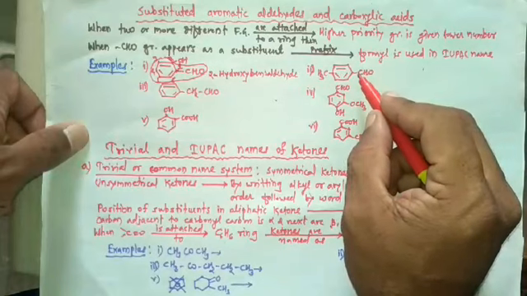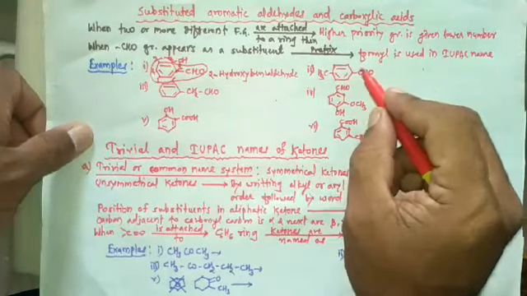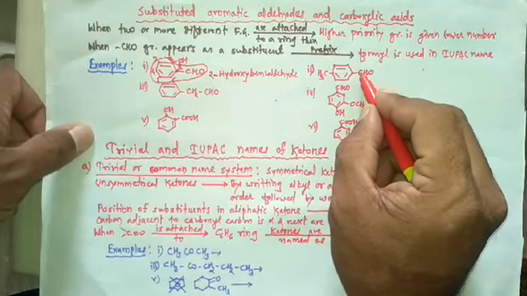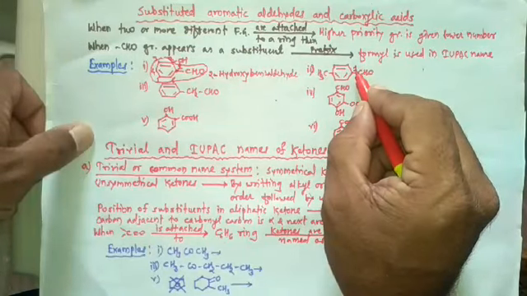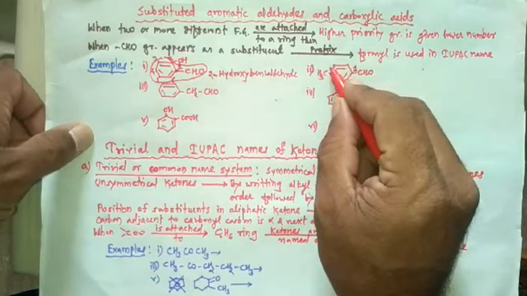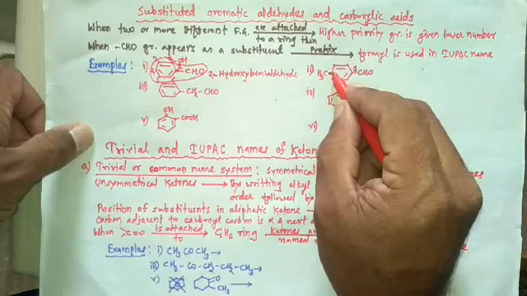Let's derive the IUPAC name of this compound. The carbon atom on which the CHO group is present is numbered 1. We can number this carbon chain in this way or in this way also, because the CH3 group is present here.